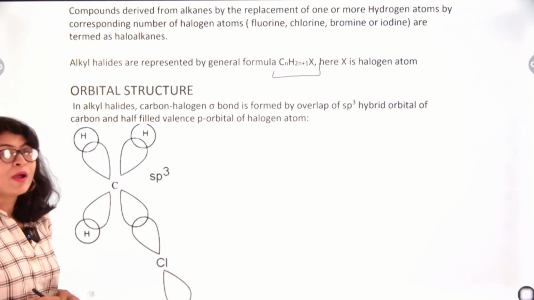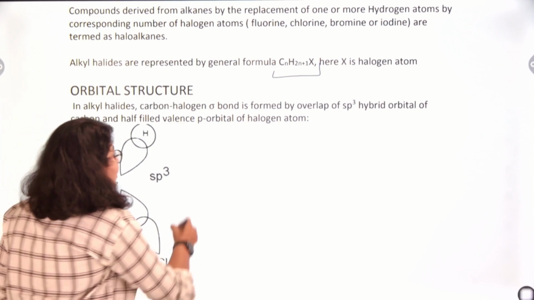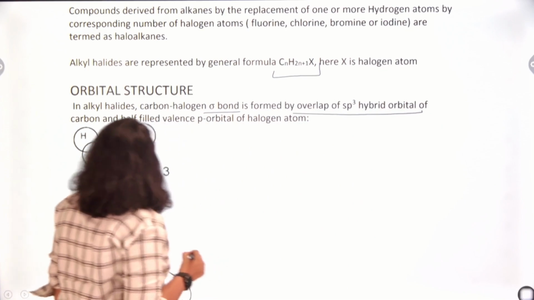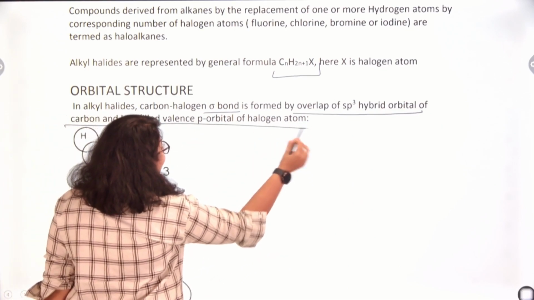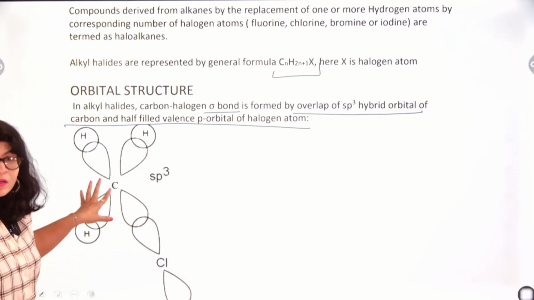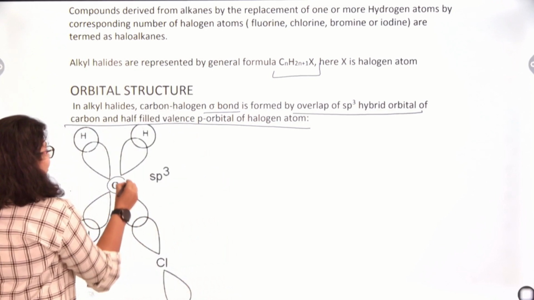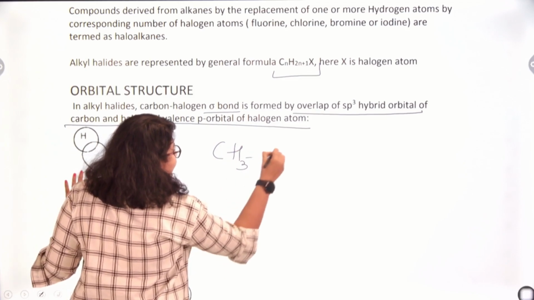Now, if I see the orbital structure of this, in alkyl halides, the carbon halogen sigma bond is formed by the overlapping of sp3 hybrid orbitals of carbon and a half-filled orbital of the halogen atom, right? In case I am taking up only one halogen substituted carbon, it represents the formula CH3Cl.